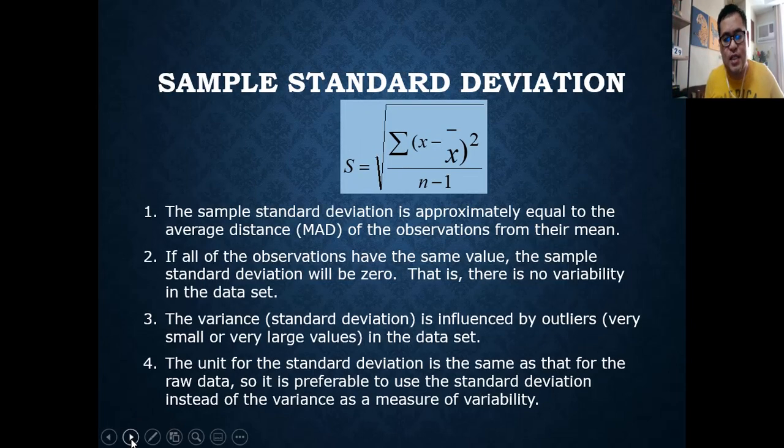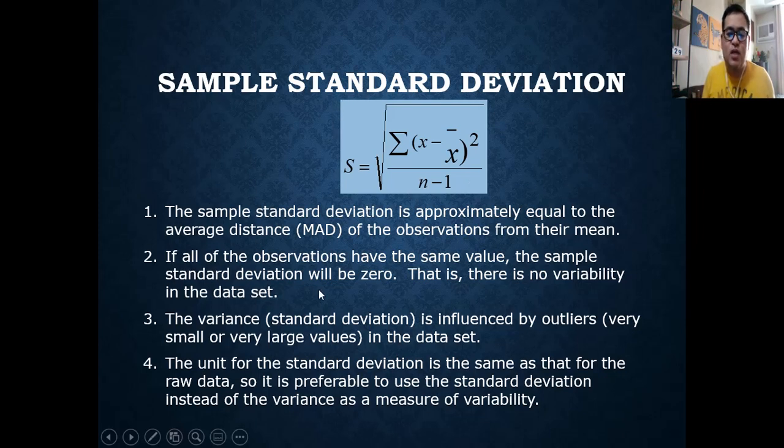That's how easy. To make this clear, the sample standard deviation is approximately equal to the average distance of the observations from their mean. That's why this is the formula for the sample standard deviation.